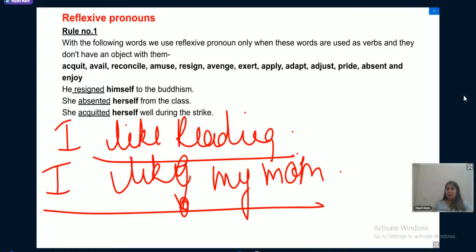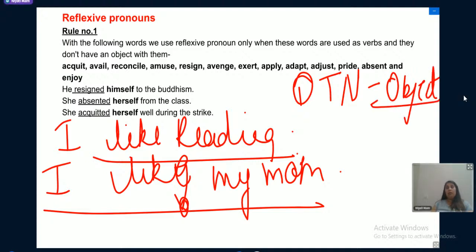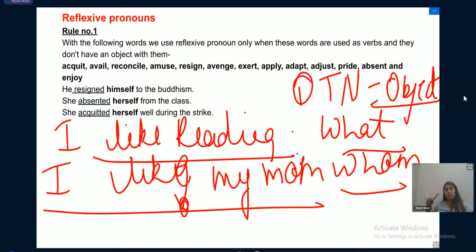Transitive verbs are the verbs that always and always need an object after them. One thing: a transitive verb needs an object. The second thing: the object of a transitive verb either gives you the answer of what or gives you the answer of whom.